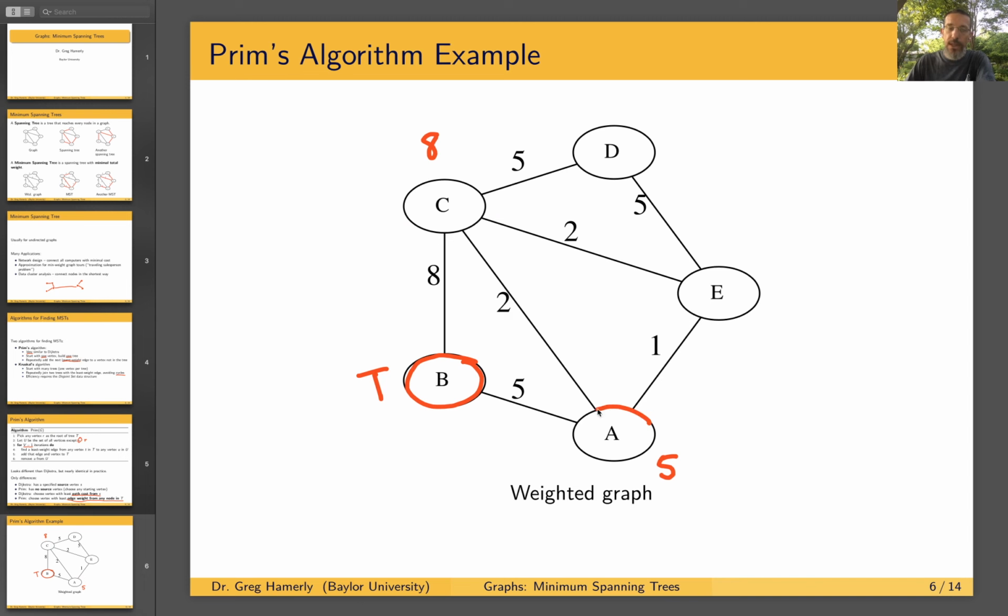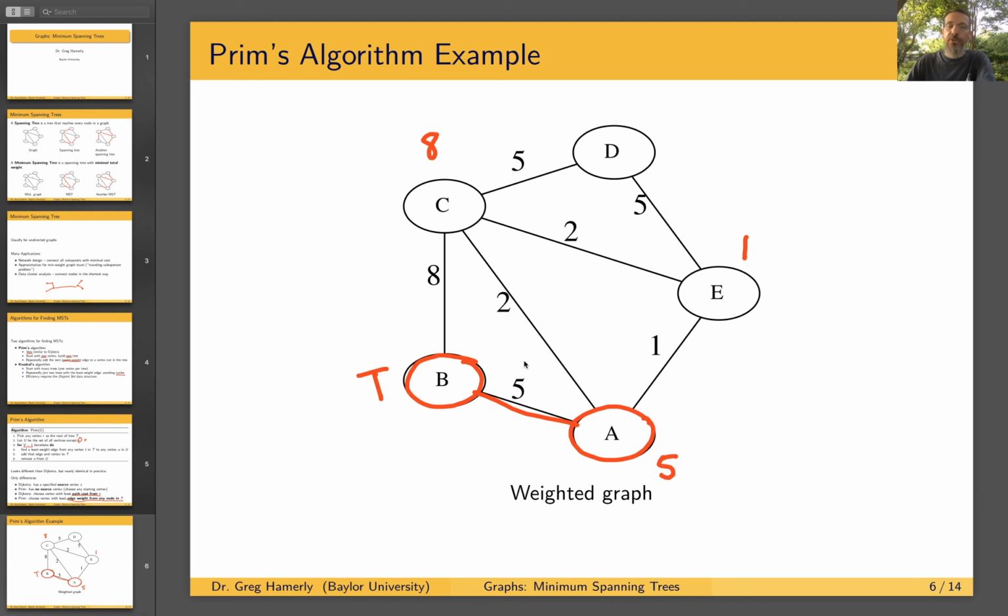So we'll add that vertex, we add that edge, so now our tree has cost 5, and when we do that, look what happens. We have discovered ways to get to E, which was formerly having an infinite cost, now has cost 1 using this edge.